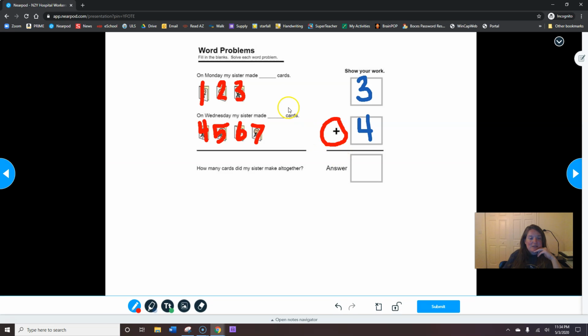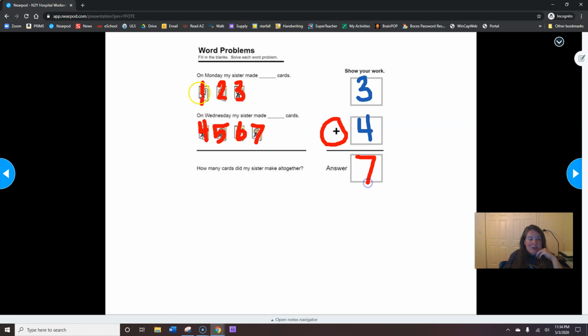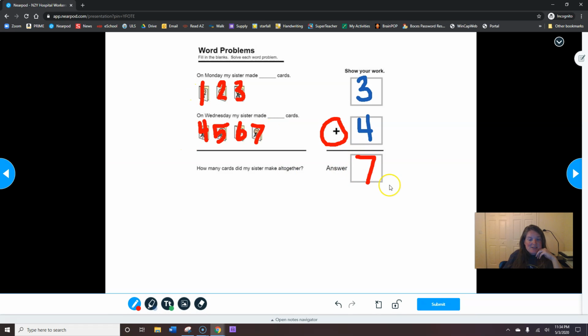I need more. So I had 3, but I needed more. So now I want you to count how many there are all together with me. 1, 2, 3, 4, 5, 6, 7. How many cards did my sister make all together? 7. 3 plus 4 is equal to 7. When you're done writing 3, 4, and 7, hit submit.